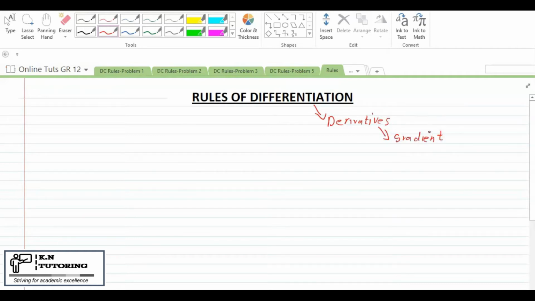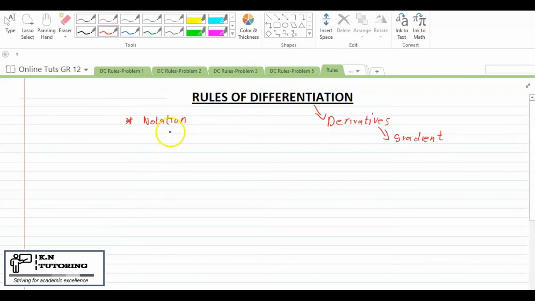As I defined it, it's the gradient function of a tangent line to a curve at a certain point. When coming to these rules of differentiation, the most important thing we must take into consideration here is notation.